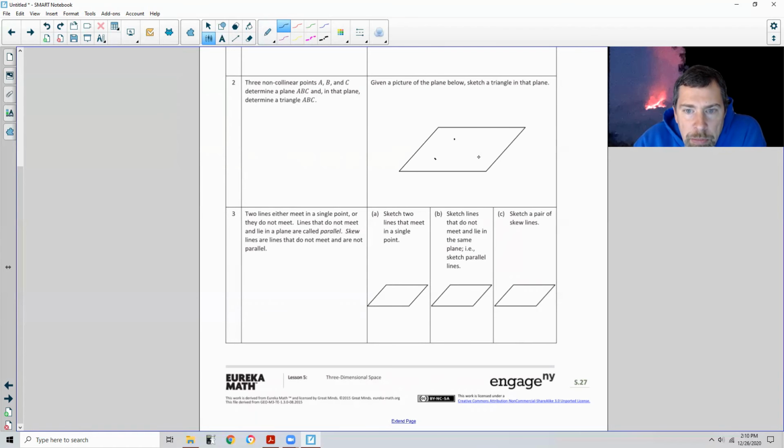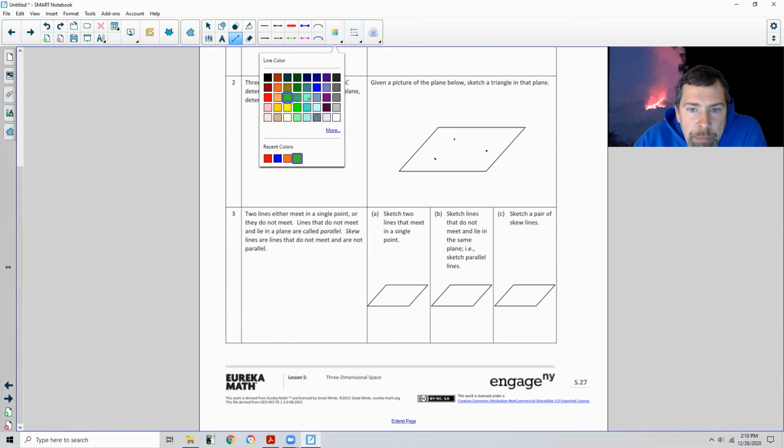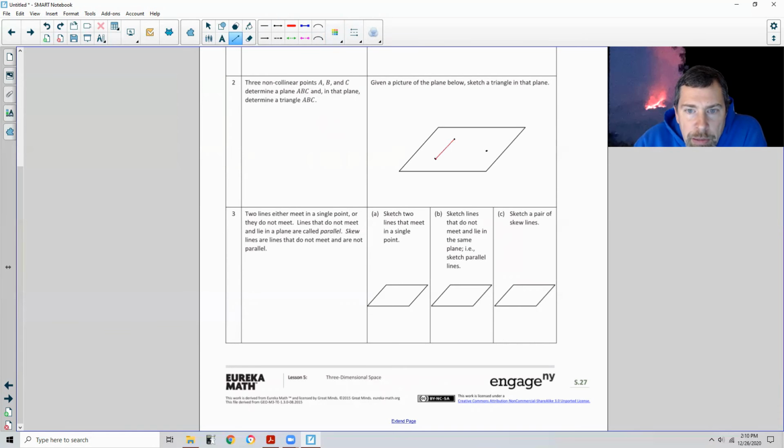So here's A, here's B, and how about C over here? So 2 of the 3 are collinear, but all 3 cannot be on the same line. So if I draw a segment from there to there, segment from here to here, and a segment from here to here, then that would be a plane, a triangular plane on this flat surface here. But they are not collinear.